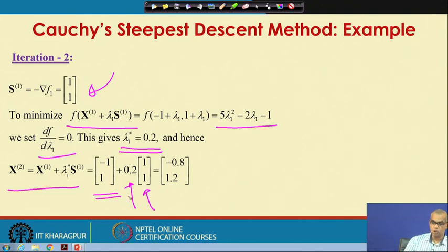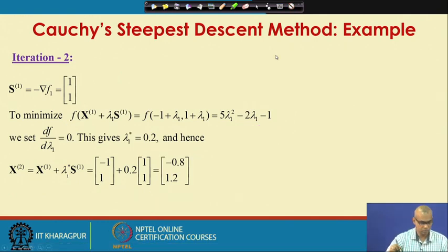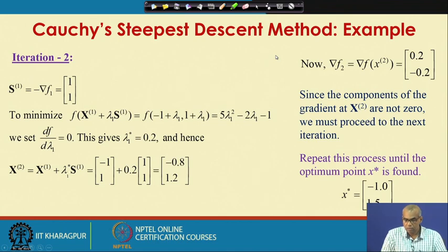So, x 2 is obtained as minus 0.8 1.2. Now, again evaluate the gradient at this point x 2, and we check that the gradient is 0.2 minus 0.2. Note that the gradient is not 0. So, you must proceed to the next iteration.